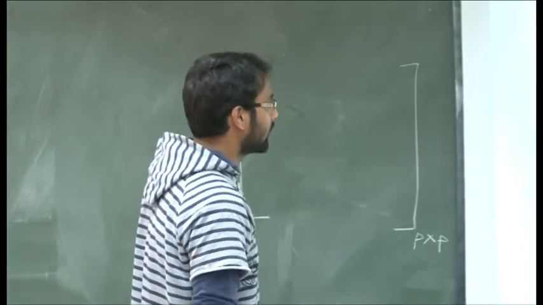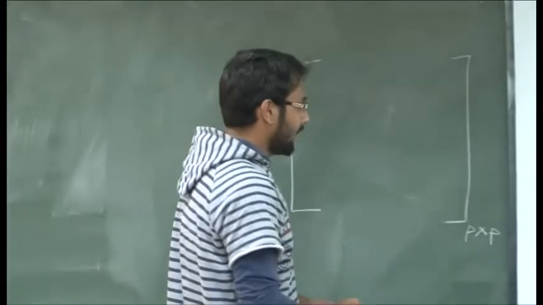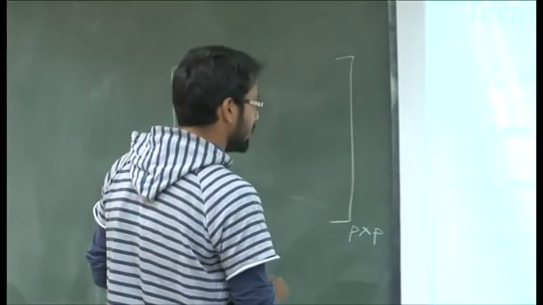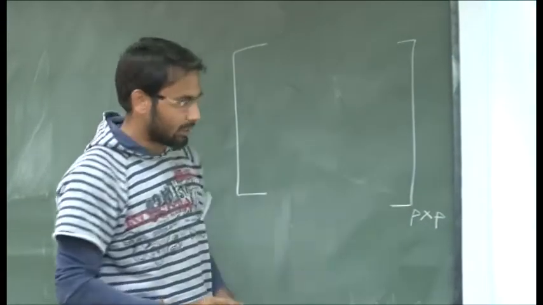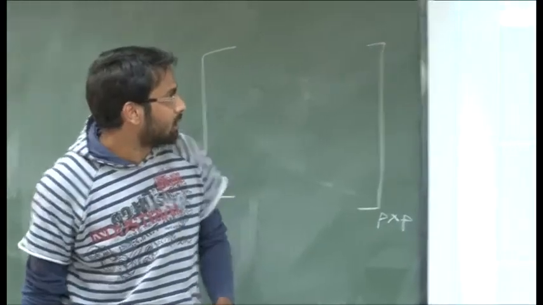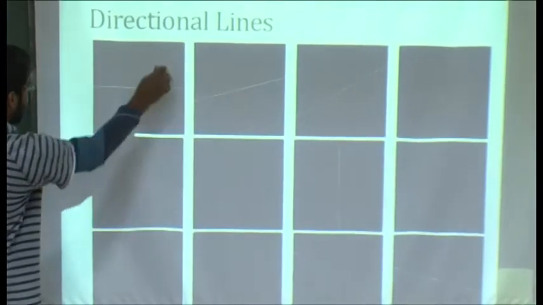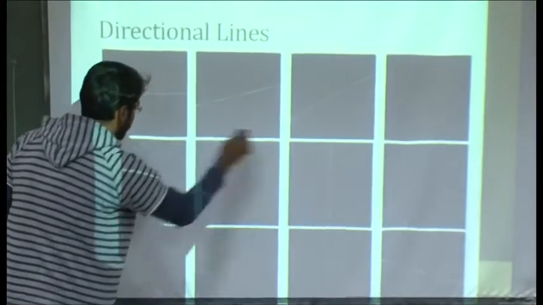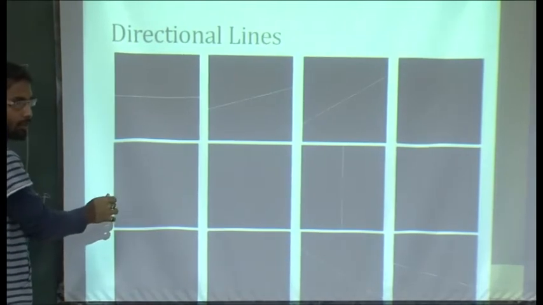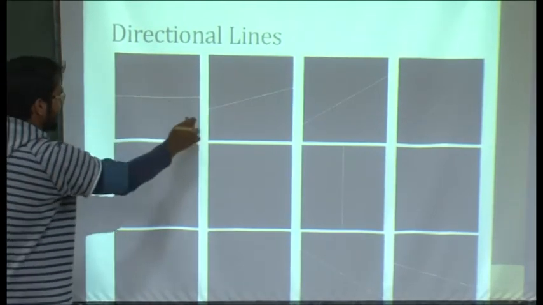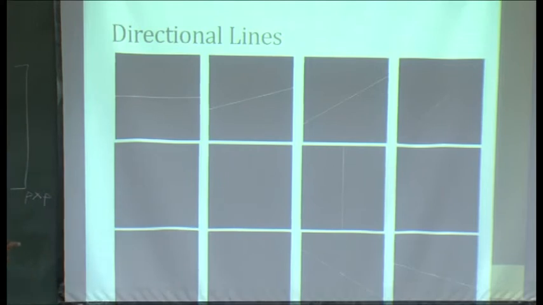L_k denotes a line that is being formed using this kernel. So for example, if this is the kernel, then for different values of k these are the lines. For k equal to 0, this is the line, for k equal to 1, this is the line. So k is basically used as the slope.